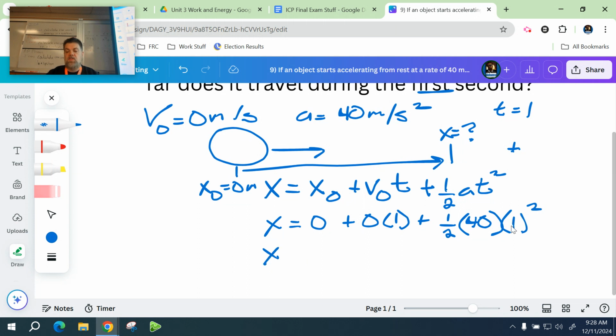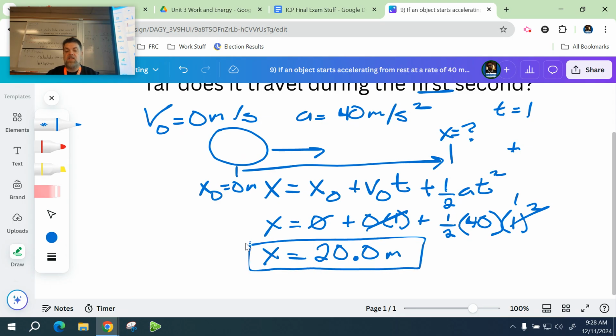So 1 squared, 1 times 1 is 1, 1 times 40 is 40. This is 0, goes away, this is 0, goes away. So what's 1/2 of 40? 20 meters.